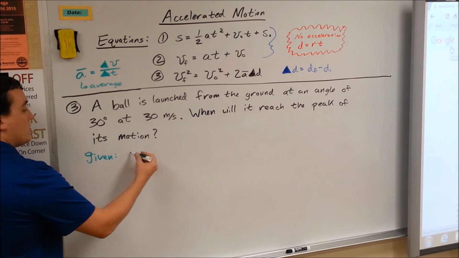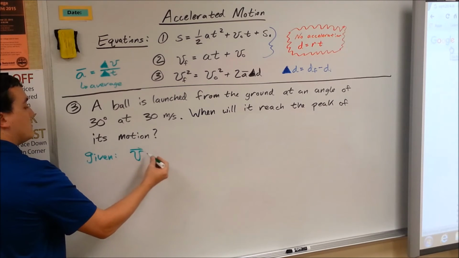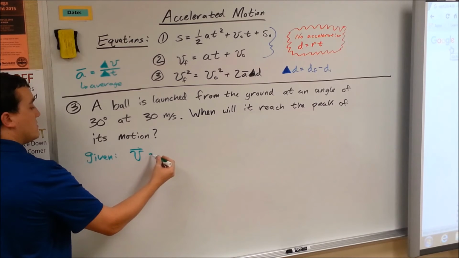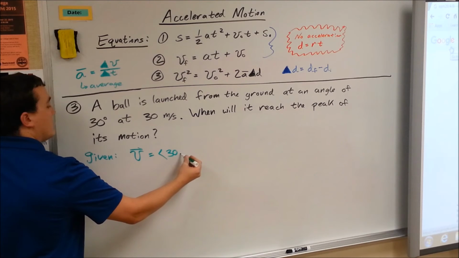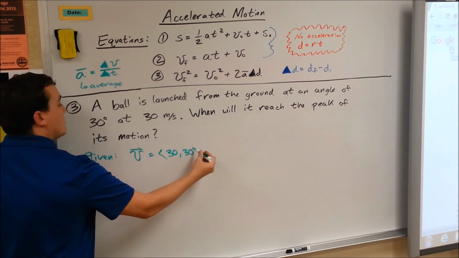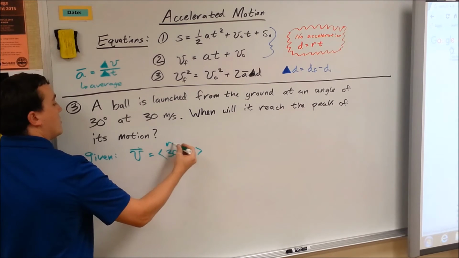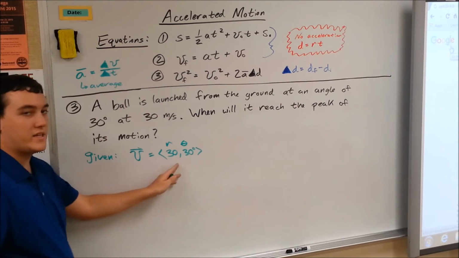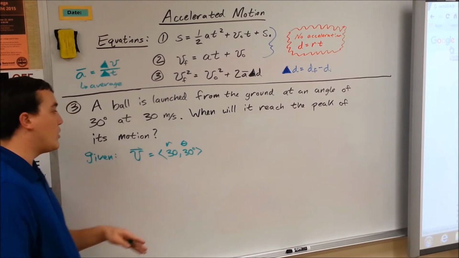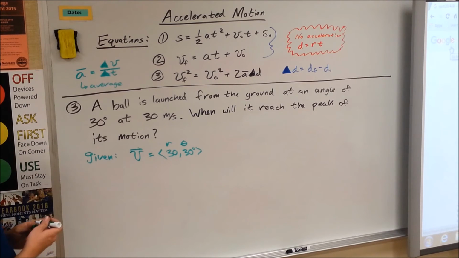So we have a vector, 30 meters per second at 30 degrees. Remember, this is r and theta. But we can't do anything with the vector. We need it in x and y components.